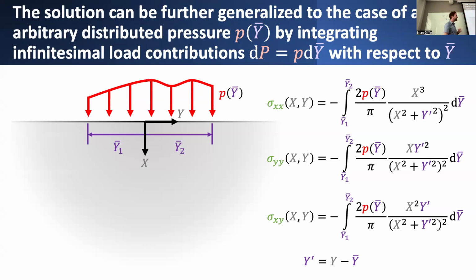In doing that, we can get around that problem of having this concentrated load that would otherwise result in infinite stresses directly under the point. If we choose to instead distribute it over a finite width, now we don't have that problem.